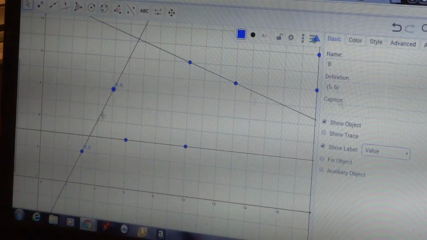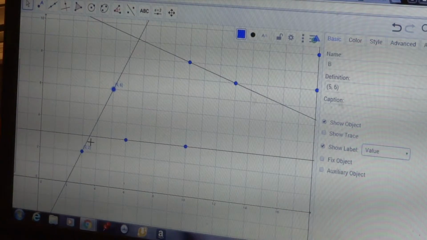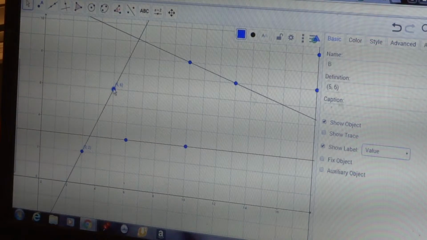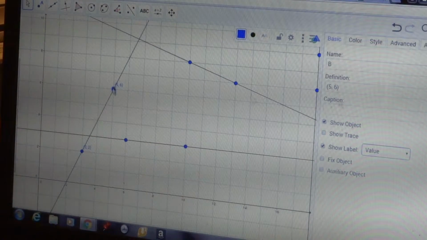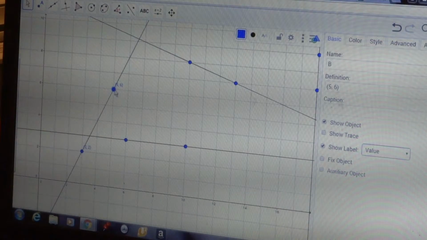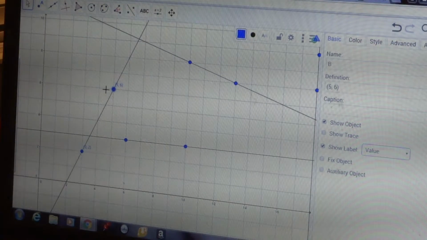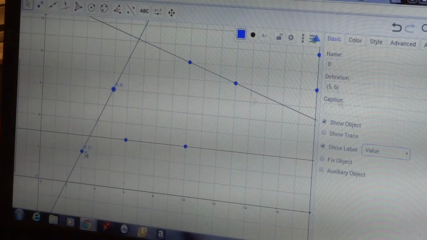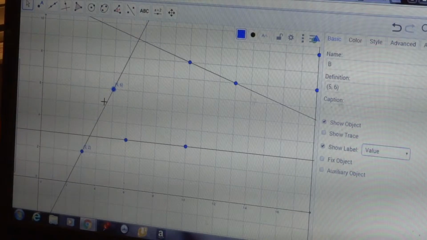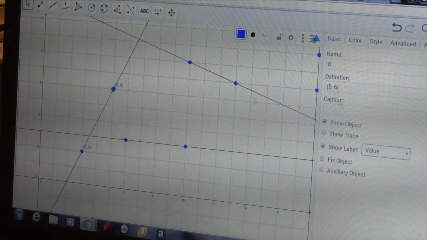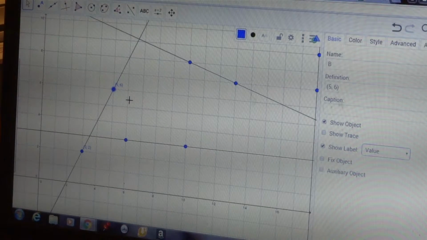If I look at the difference between 6 and 2, I would get a distance of 4. And then for my run, I have 5 and I have 3. So my change in x would be 5 minus 3, which is 2. And so what I'm really saying is I want to look at the change in y divided by the change in x. And that's what gives me my slope formula.